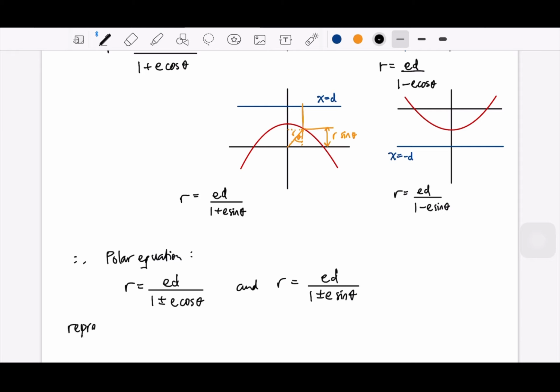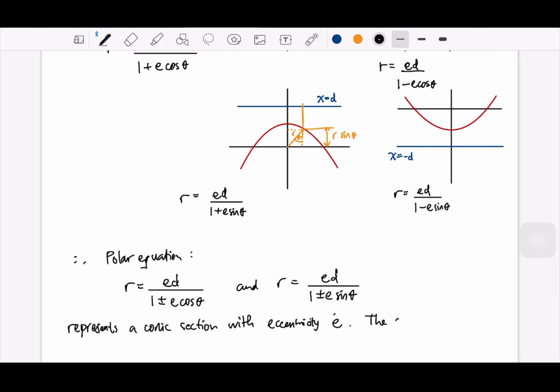Both of these represent a conic section with eccentricity e.